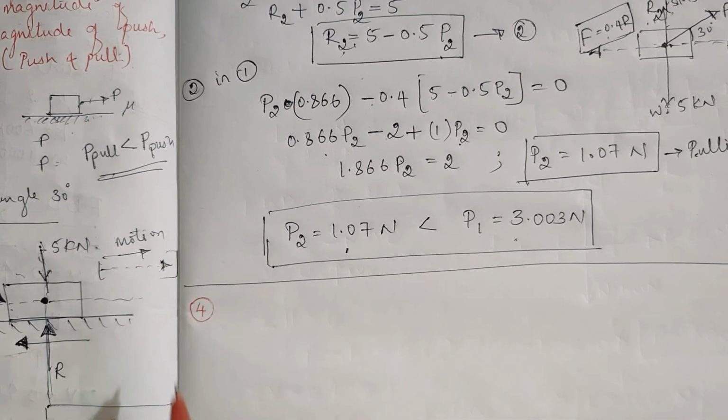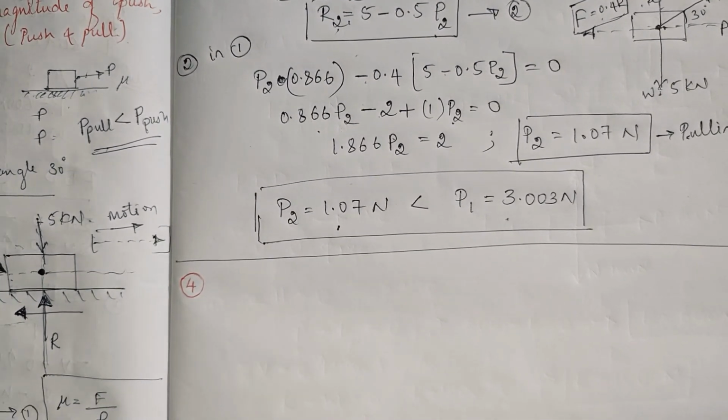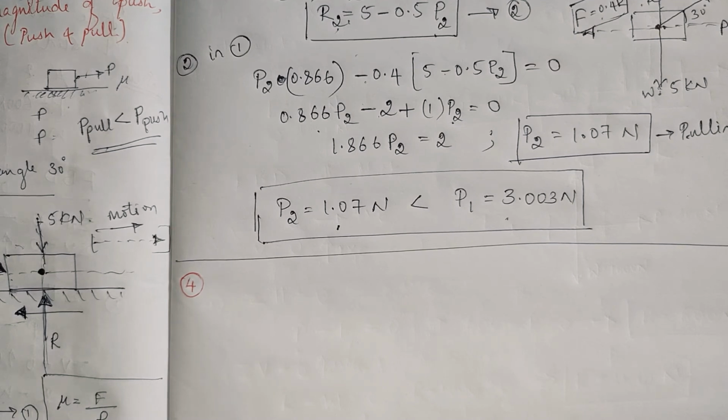Fourth problem is somewhat of this type only, but the push and pull forces at a certain angle will be different, and the P value is given. I'll write down the question.